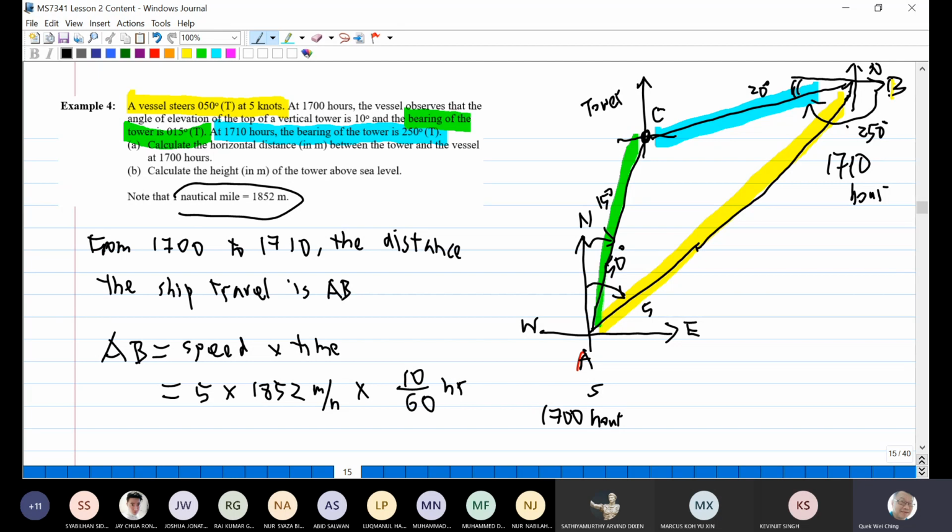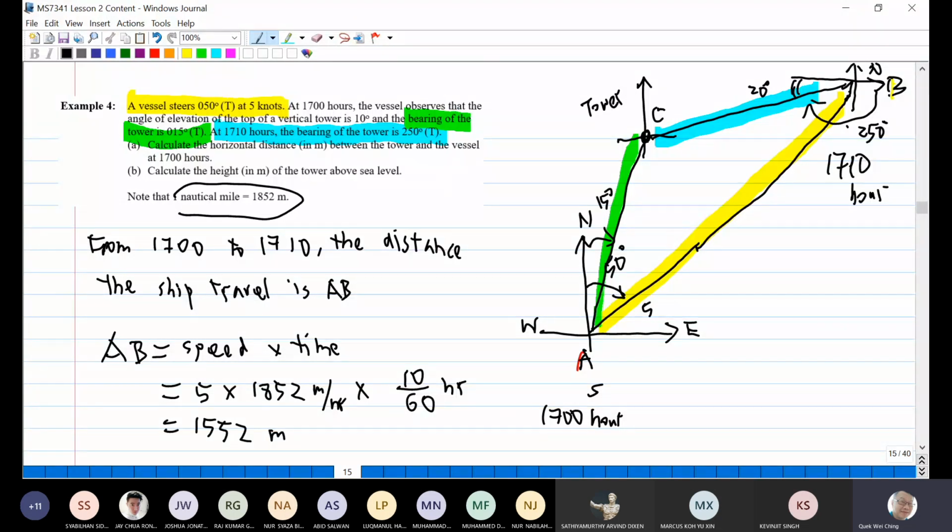You multiply these two, so AB, the distance traveled, is speed times time: 5 times 1852 times 10 over 60. You can find that it is about 1543 meters.